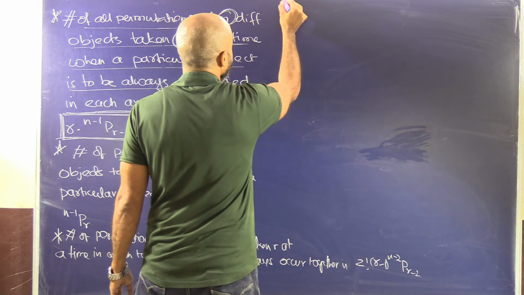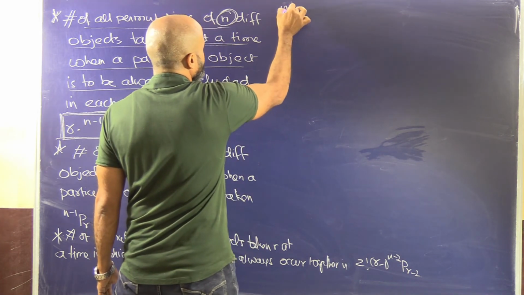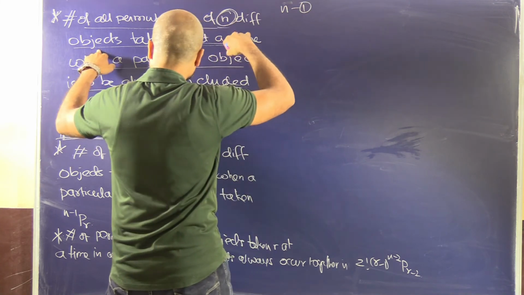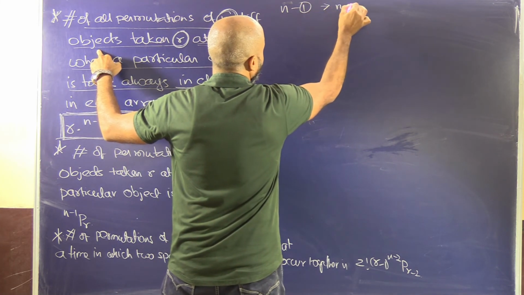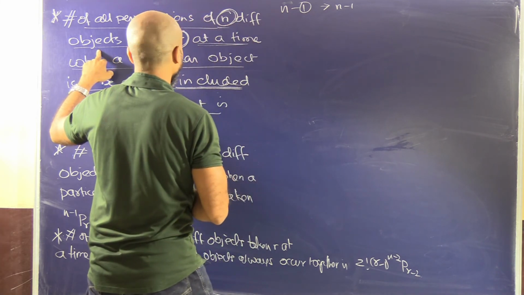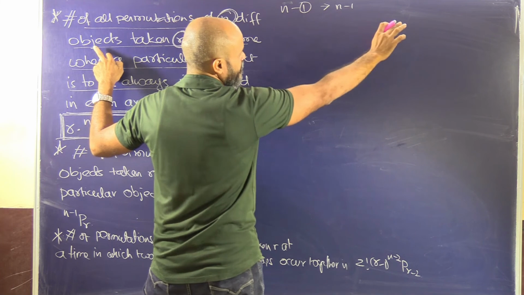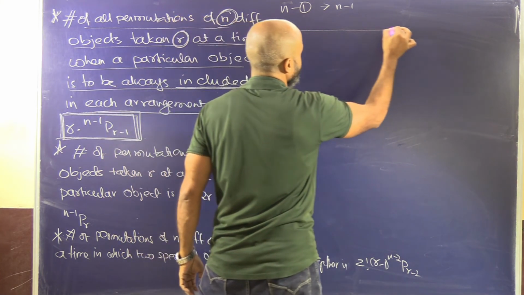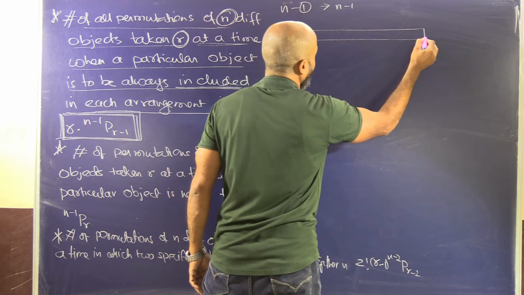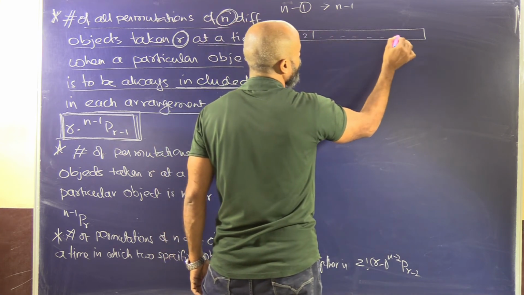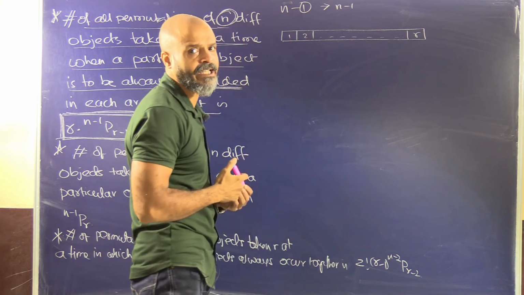So out of the n different objects, we have selected one object. Now we are left with n minus 1 objects, and the place of this one object is fixed. Let's say we have r places to be filled.